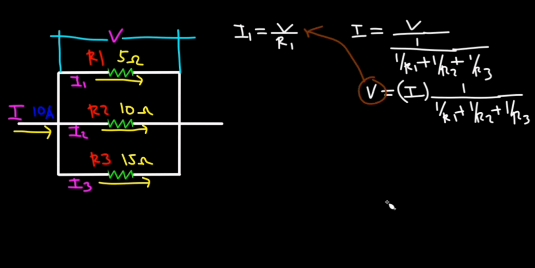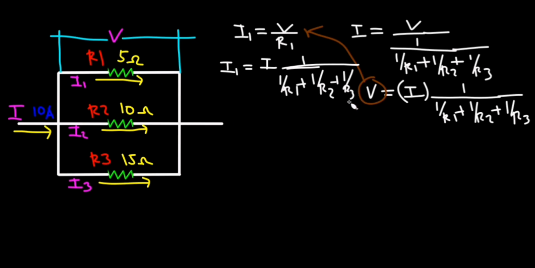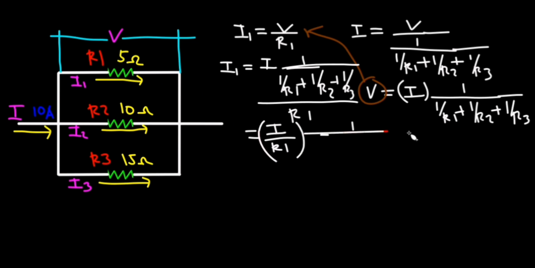Substituting it to the equation, I1 equals V over R1. I1 now is equal to I times 1 over the quantity, 1 over R1, plus 1 over R2, plus 1 over R3, all over R1. Or it can be written as I over R1, times 1 over the quantity, 1 over R1, plus 1 over R2, plus 1 over R3.